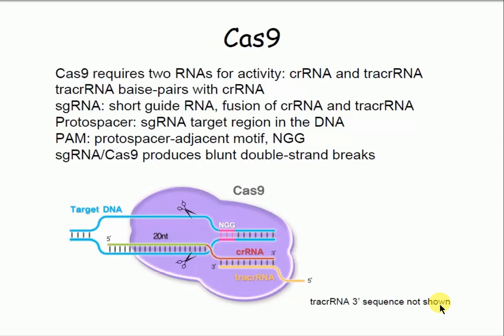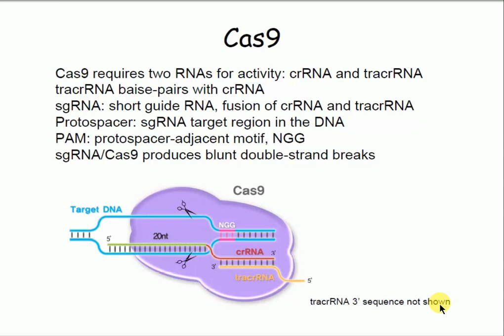So historically, Cas9 required 2 RNAs for activity, the CRISPR RNA and the tracrRNA. You can see here, this is the CRISPR RNA that hybridizes to the DNA, and then the tracrRNA would hybridize to the CRISPR RNA at this constant part.